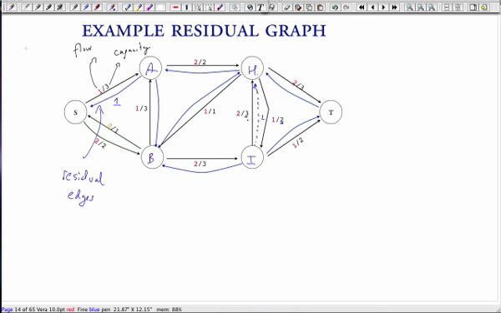Since we already have an edge from I to H with capacity 3, we're going to combine these and change the capacity to 4. Similarly, since there are 2 units of flow from I to H, we need to augment the capacity of this one to also be 4. So when edges already exist in the graph, you can combine the residual edge with the original edge and just increase the capacity. Remember that the only thing these residual edges currently have is capacity.